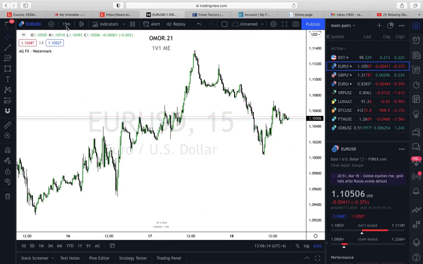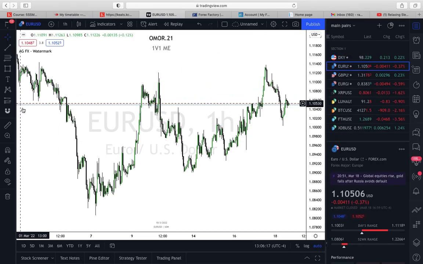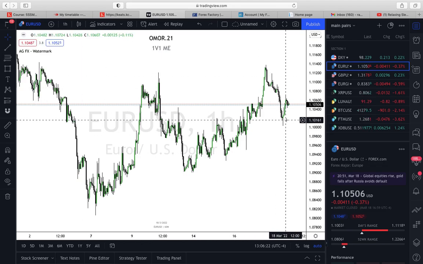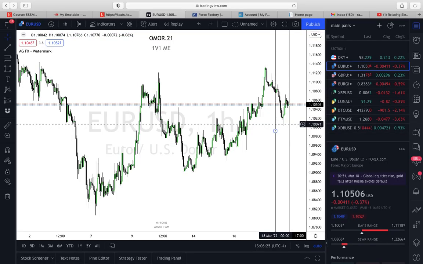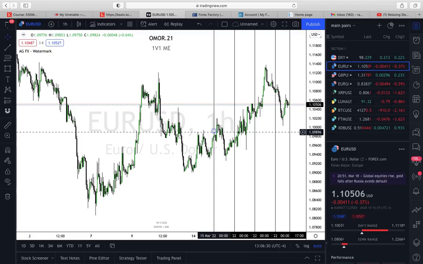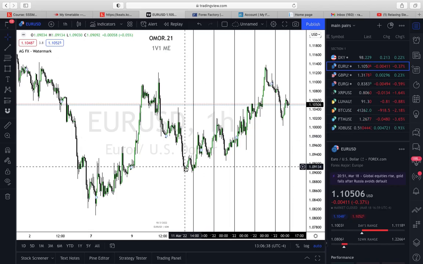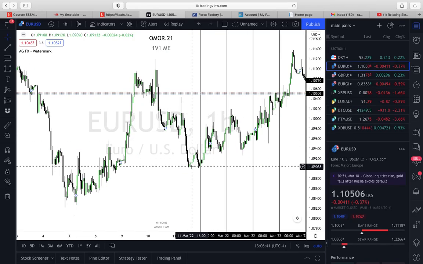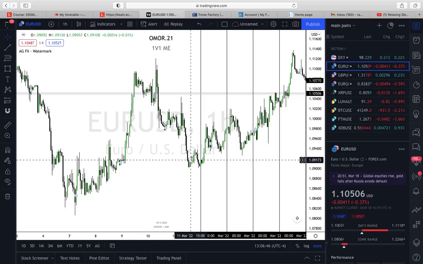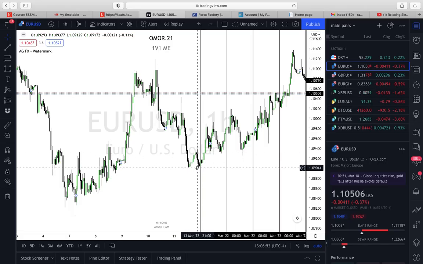On the euro, what do we see? We come down lower, we tap into this order block, and when we retrace up and then retrace down, we don't really take out the low, right?